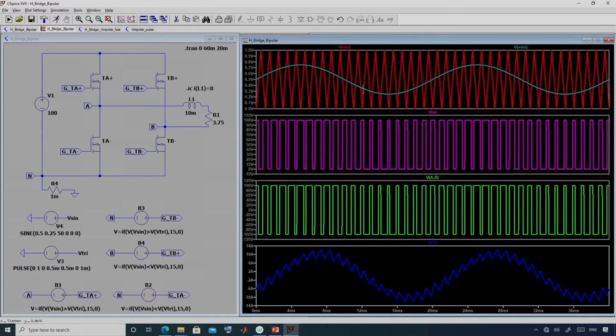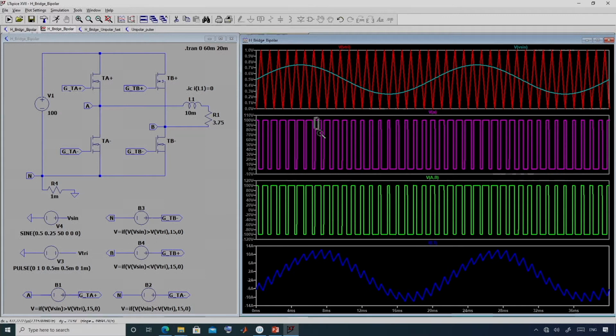This carrier waveform that is shown here, this red one, and then this blue one is the modulating waveform or the reference waveform for the bipolar PWM. Then this pink waveform that you see is the voltage VAN. You can see that whenever the carrier is lesser than the reference waveform, then this leg voltage becomes equal to VDC.